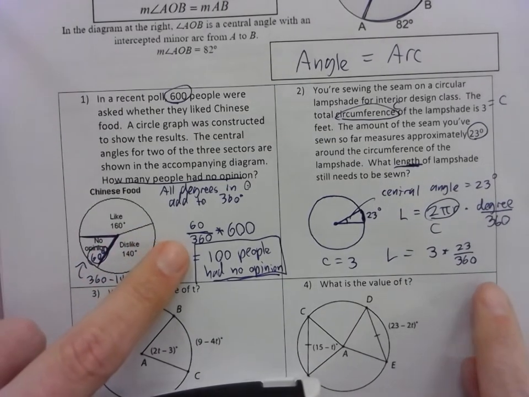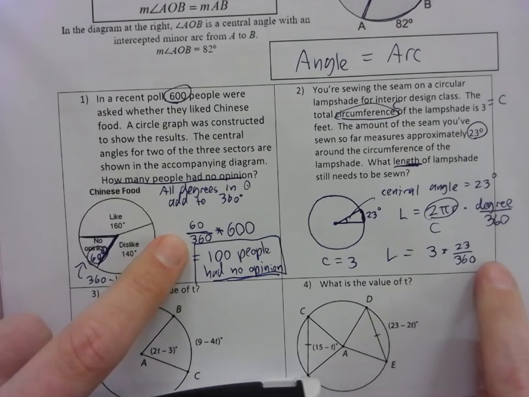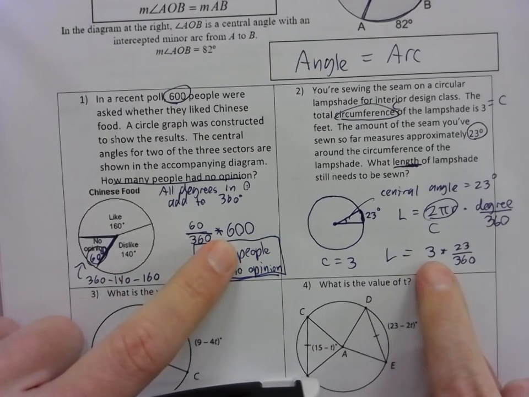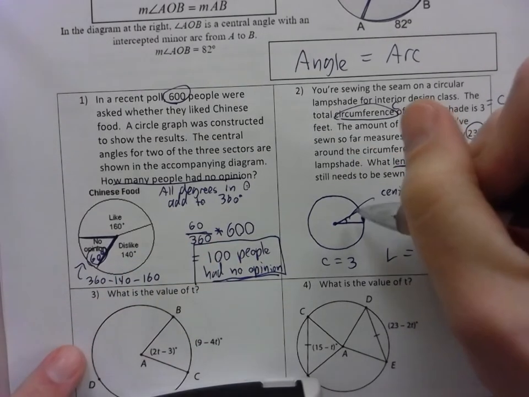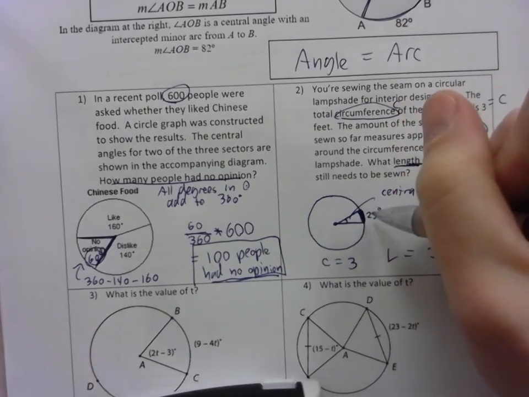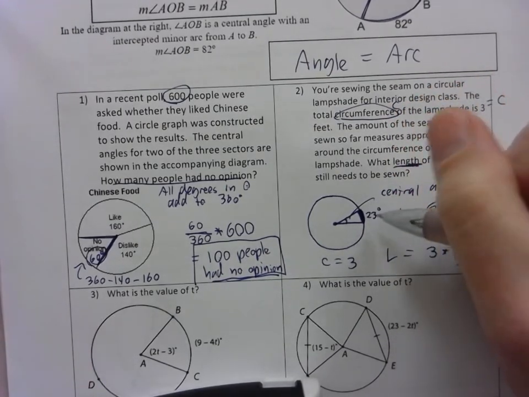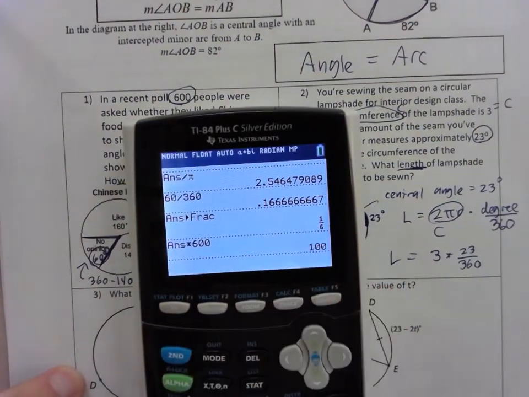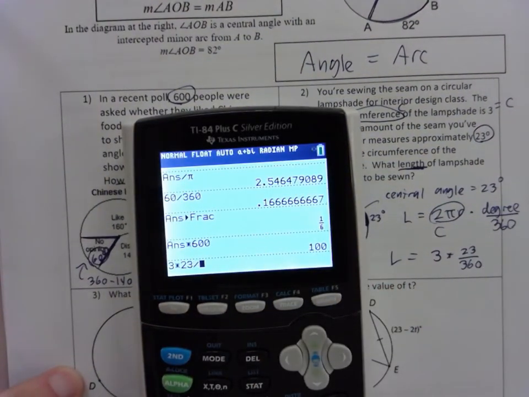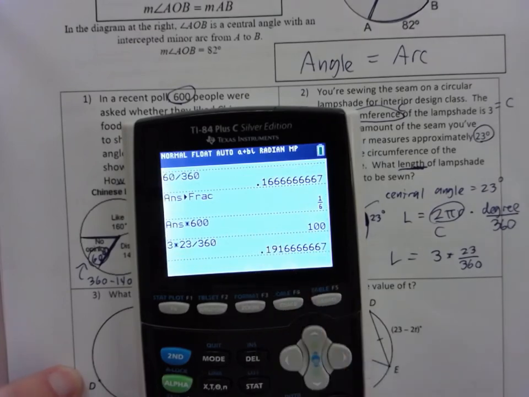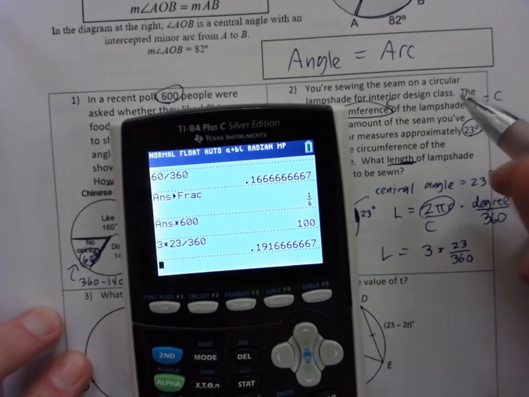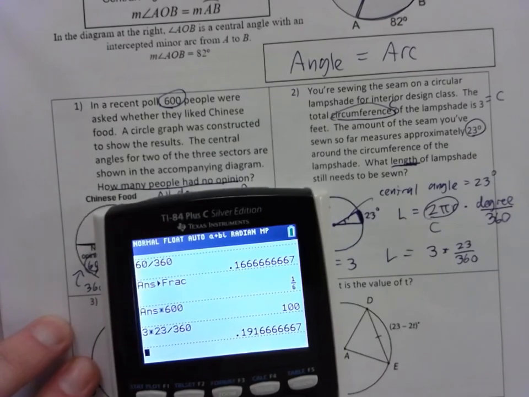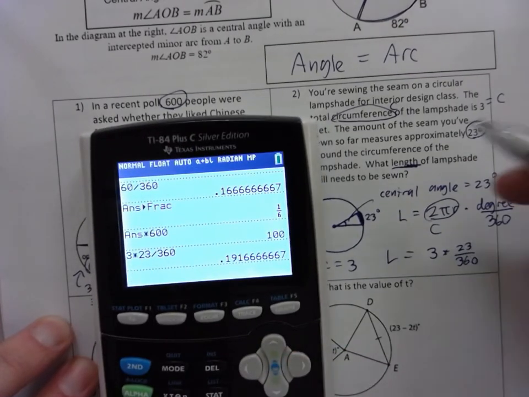So again, just like what we did before, we're taking our degree and dividing by 360 and multiplying it by a value to get whatever length is here. So this arc can be measured in degrees, which would be 23, but as a length, that gives you about 0.19, and the units are in feet, so that's going to be 0.19 feet.